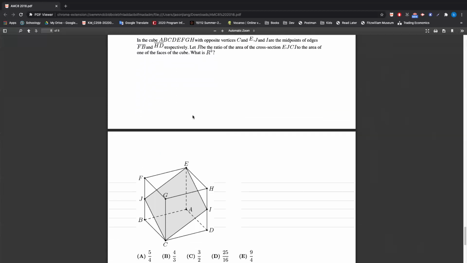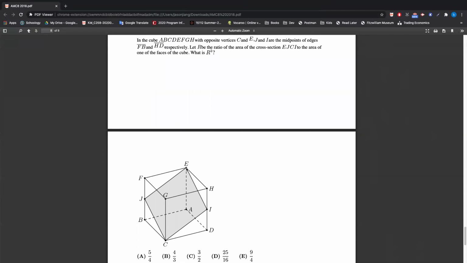Well, we have a cube with opposite vertices C and E, and J and I are the midpoints of the edges. R is the ratio of the cross section to the area of one of the faces, and we want to find R squared. To do this, we're going to have to find the ratio of their side lengths.